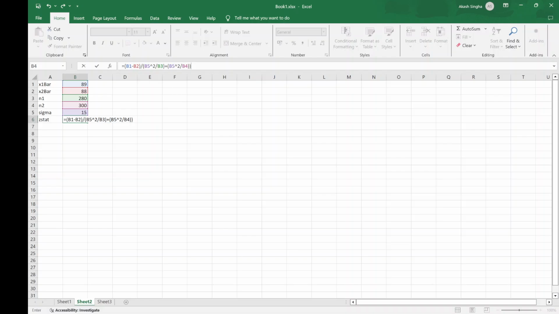Add the whole thing and take the root. So this is the Z statistics value and now it is a two-tailed test.